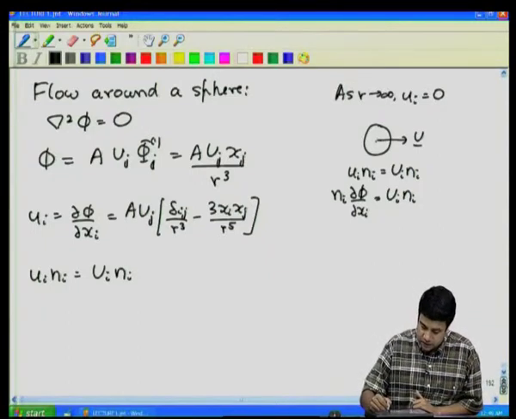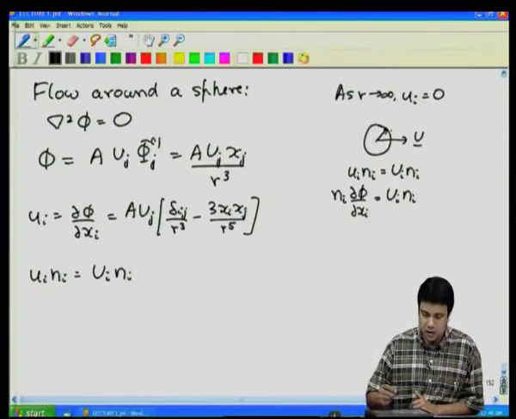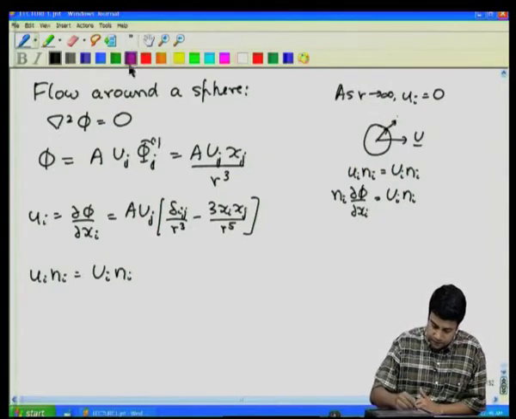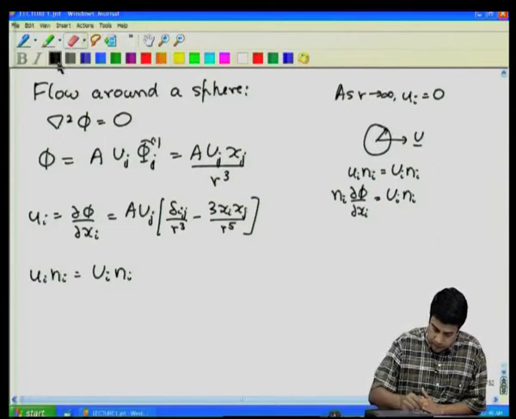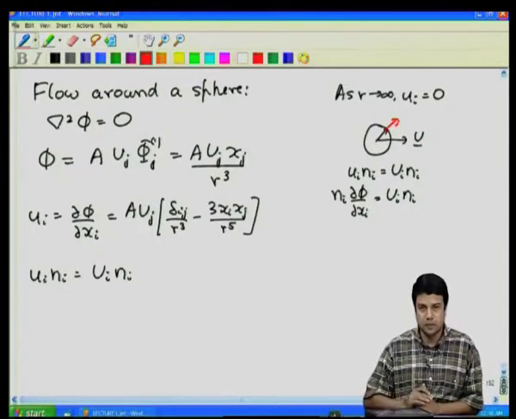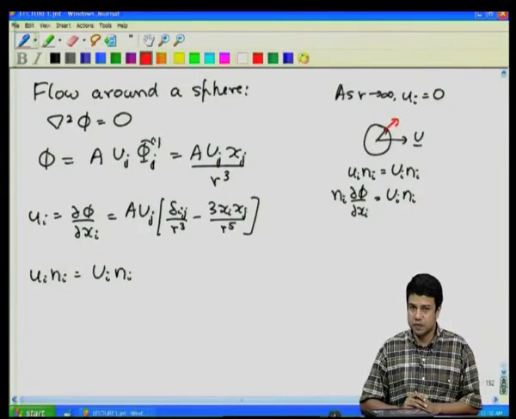On the surface of the sphere, since I fixed my origin at the center of the sphere, the unit normal on the surface of the sphere is in the same direction as the position vector.